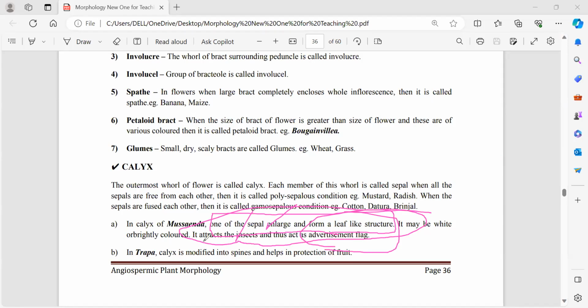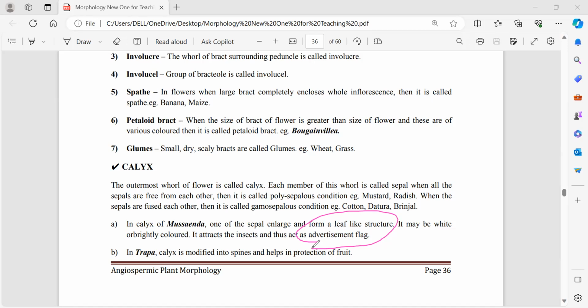अगर कल को आपको किसी एग्जाम में ये आएगा कि what is meant by advertisement flag, and quote an example, with respect to morphology, we can say that the advertisement flag is actually a large sepal which has become leaf-like, and it can have many different colors, and it acts as an attractant for insects.